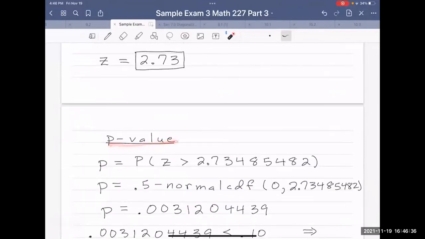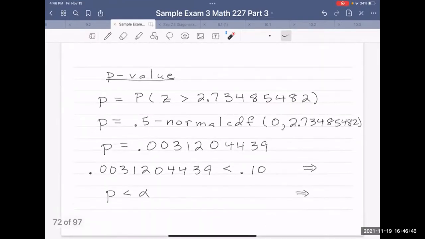Oh, it says to find the p-value. So the probability that z is greater than 2.73485482. Again, let me do 0.5 minus normal CDF from 0 to 2.73485482.